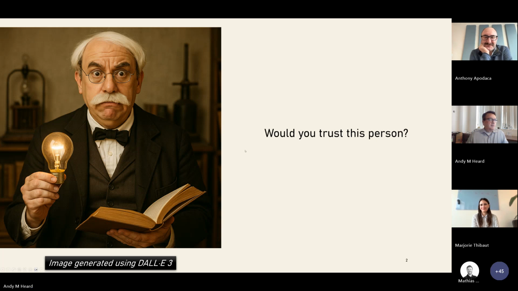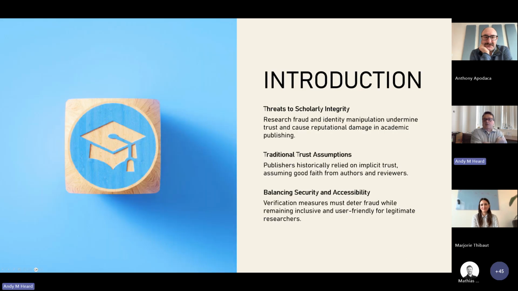All right, so researcher fraud and identity manipulation have become significant threats to scholarly integrity. It undermines trust in the academic publishing ecosystem.